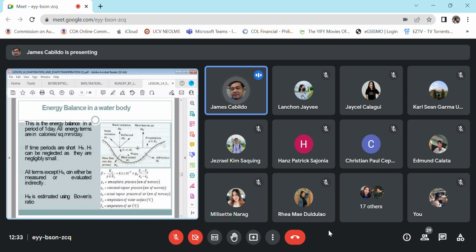Not necessarily, because calories is usually a unit of heat, which is energy. In terms of the international system, usually energy is in joules, or Newton meter. So, in here, it is in calories per square mm per day.